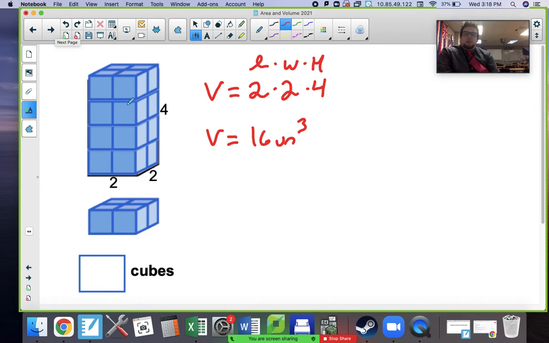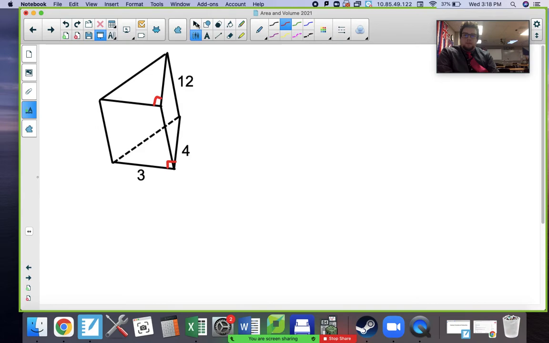For a triangular prism, there we go. We're going to find the volume by taking base times height divided by 2 times the height of the entire prism. So we're going to start by looking at just the triangle. So here's just the triangle.